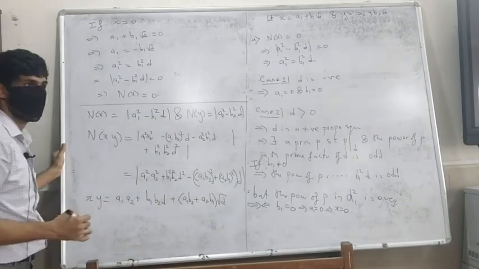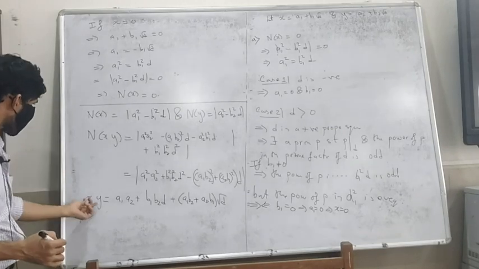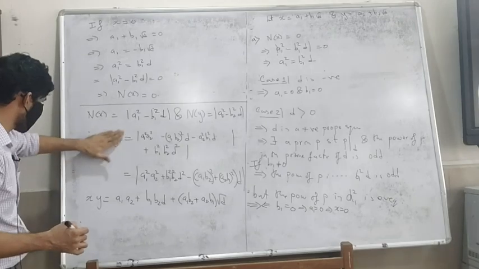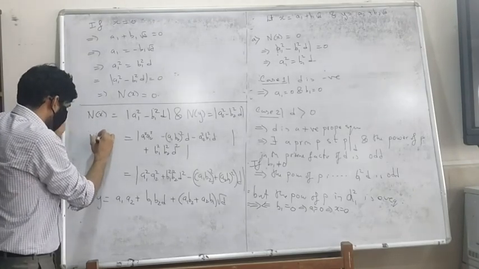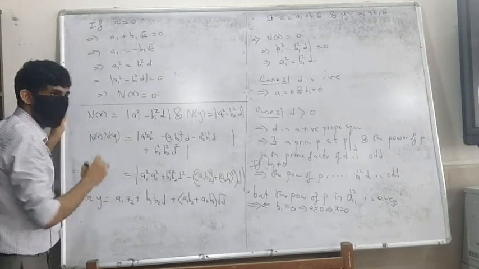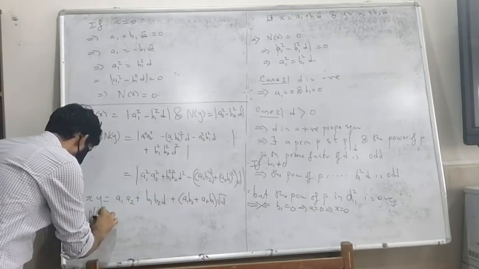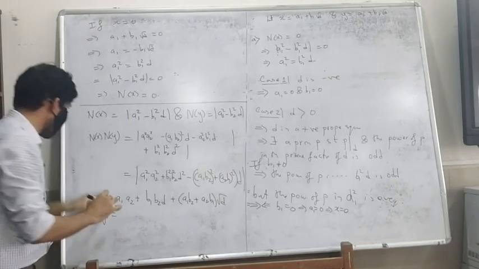This is what it is. xy is what I'm looking at. This is a mistake, I'm sorry. This is n(x) times n(y). Okay, so you got what xy is, compute what n(xy) is, and you should get exactly the same thing.